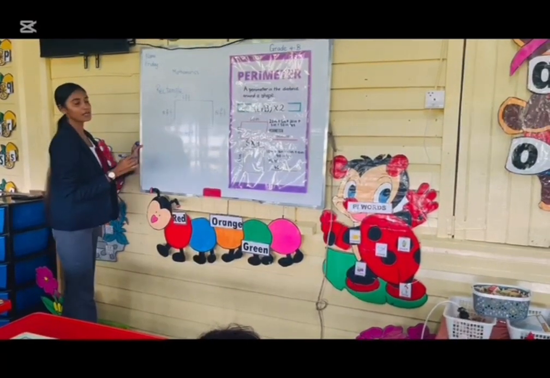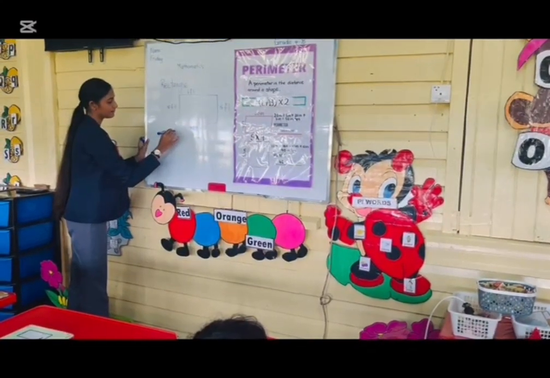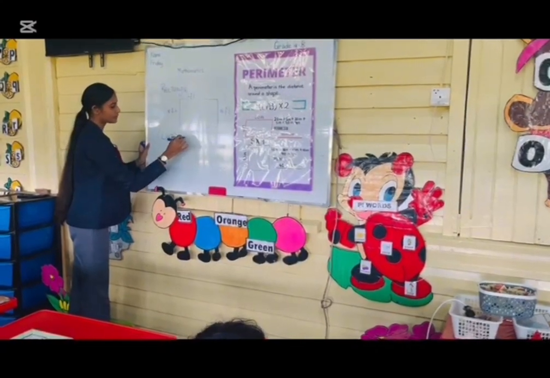What is the formula? Length plus breadth, in brackets, times 2.